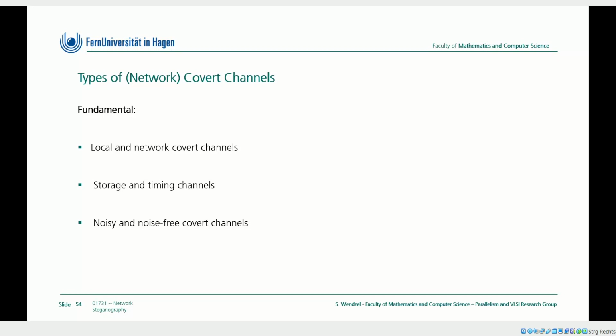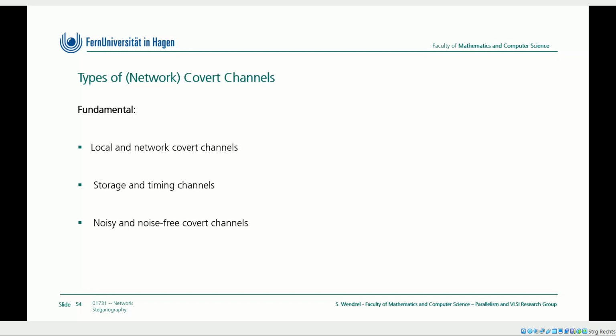For instance, in a timing channel that uses delays between succeeding network packets, there's jitter on the network and so on, and maybe packets get dropped or take a different route to the destination. So that means that the exact timing that the sender used won't appear at the receiver side, at least not necessarily. So there's a little bit of noise.